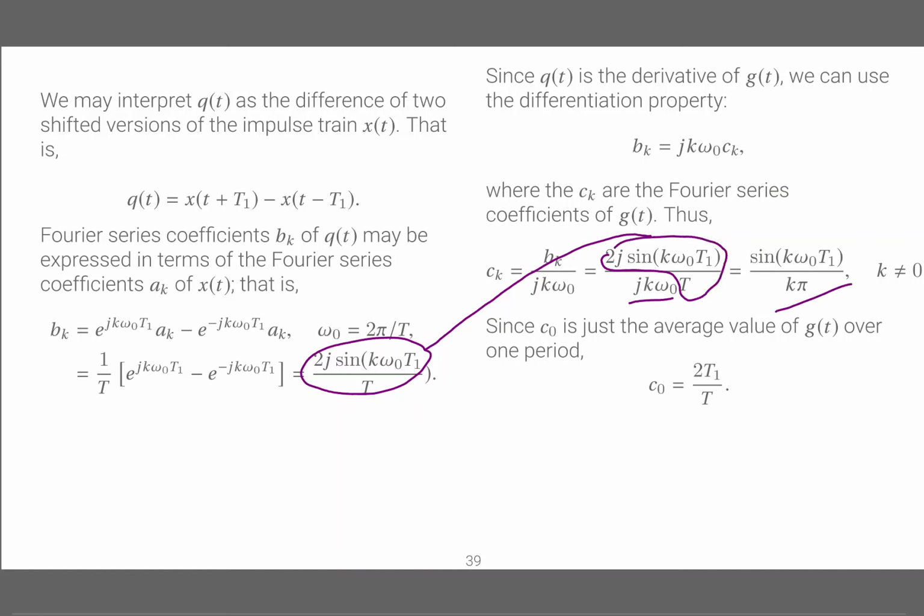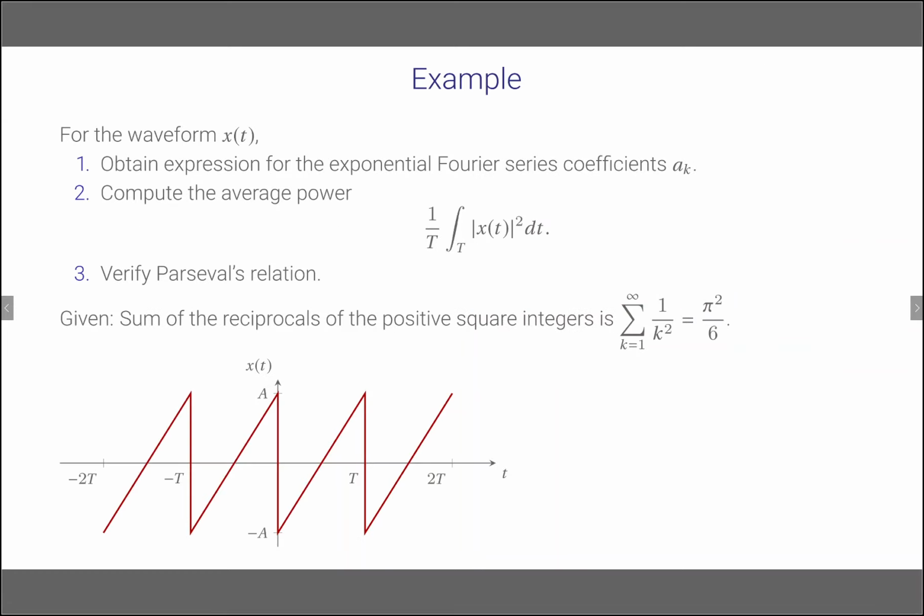Okay, so we got the formula. So I hope you remember that these are the Fourier series coefficients of the square wave. Since c naught is just the average value of g(t) over one period, we can write it like that as well.